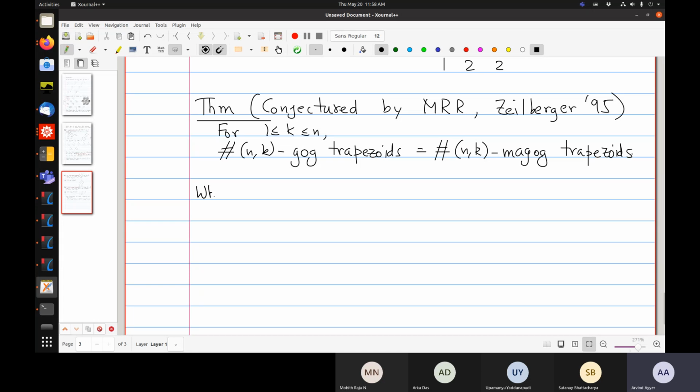So when k equals n, this proves the asymmetry.